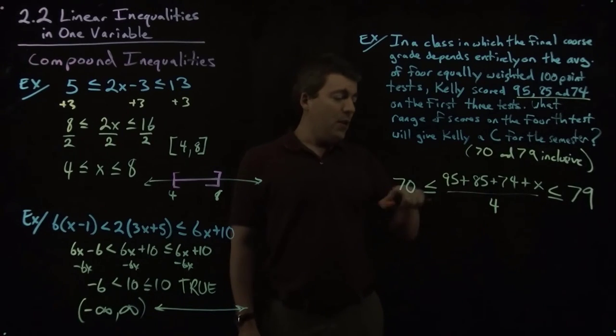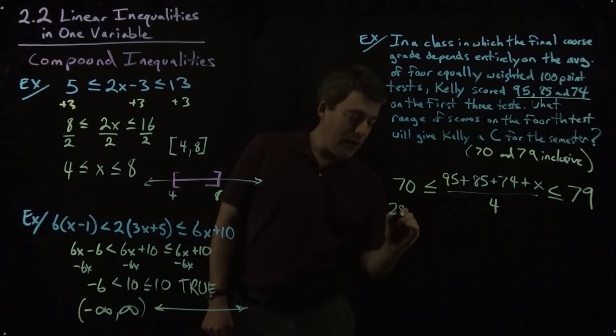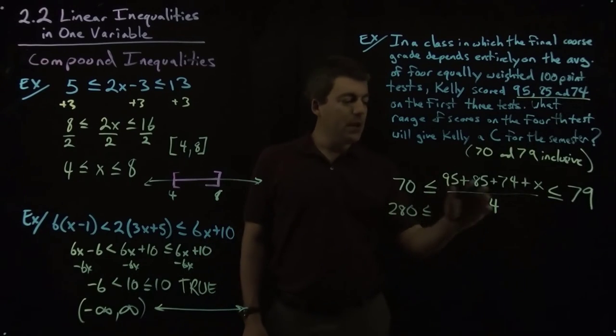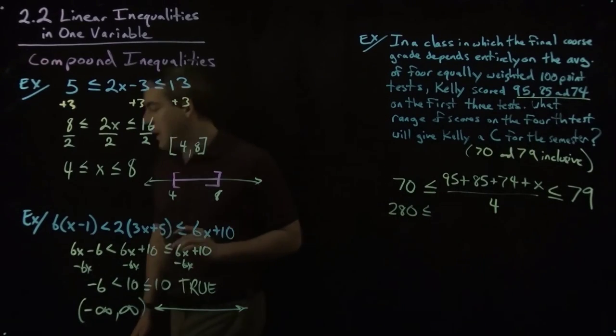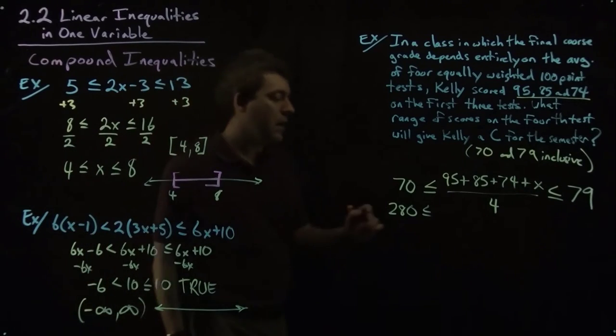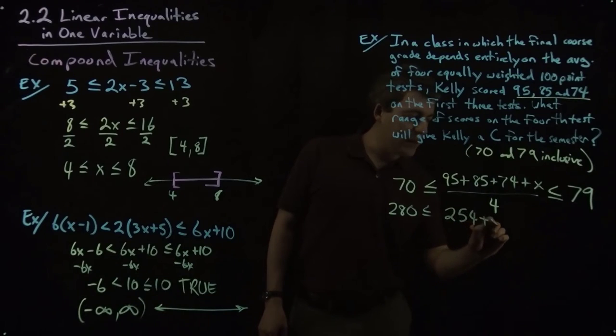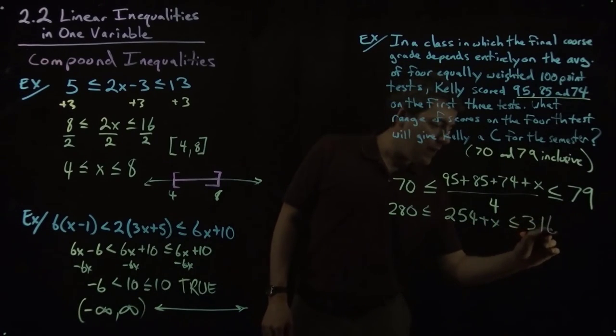We can get rid of those. We can multiply by 4, and that will give us 280 less than or equal to, if we add these together, 254 plus x less than or equal to 316.